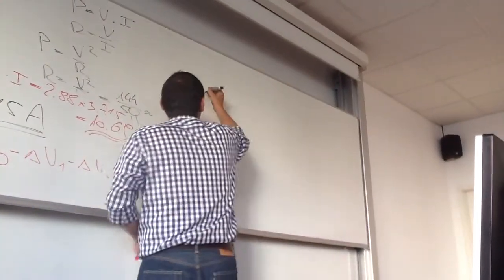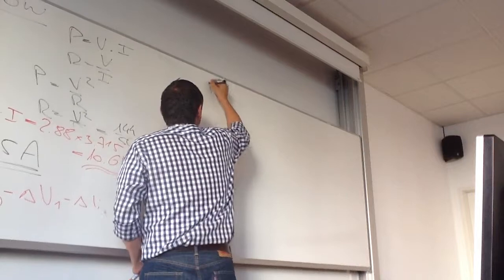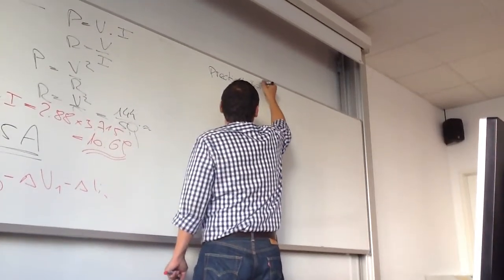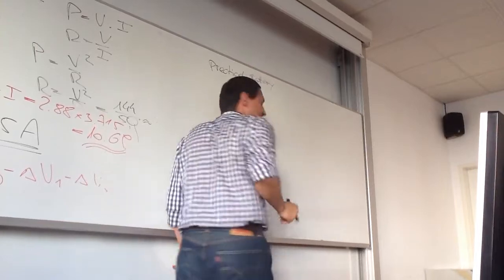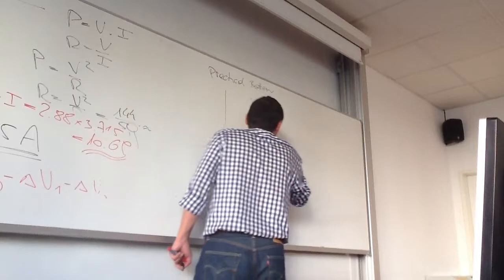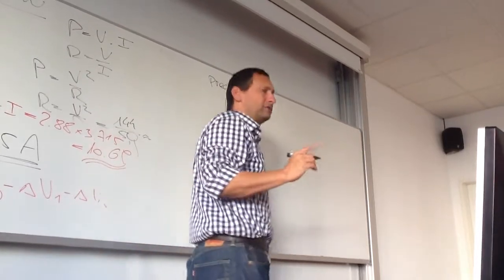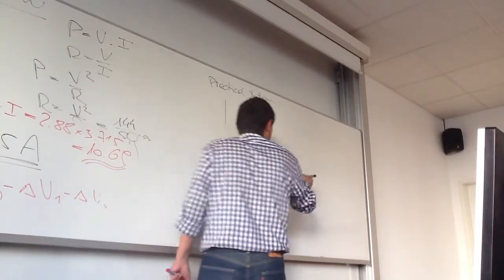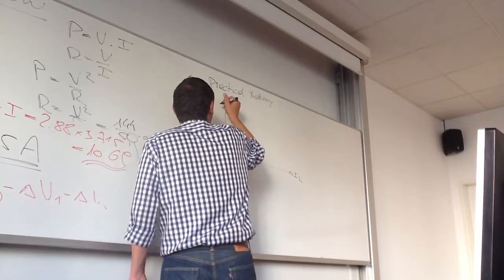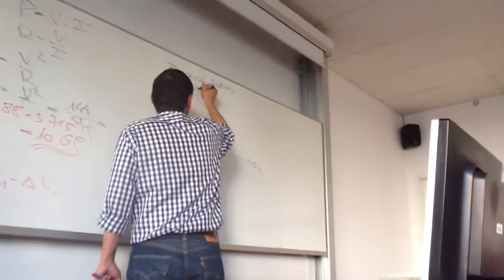So if you take a practical battery, then you will have to observe the load line, and that's our load current, and that's the output voltage of our battery.